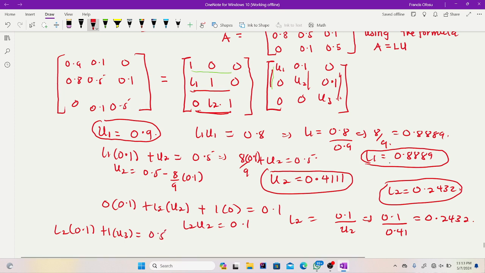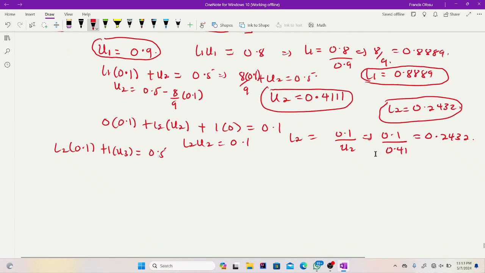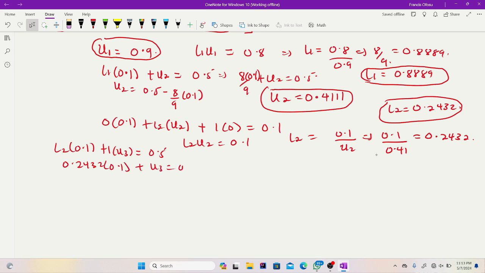I know L2 to be 0.2432, so 0.2432 multiplying 0.1 plus U3 is equal to 0.5.